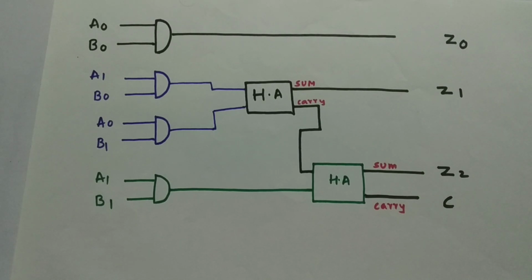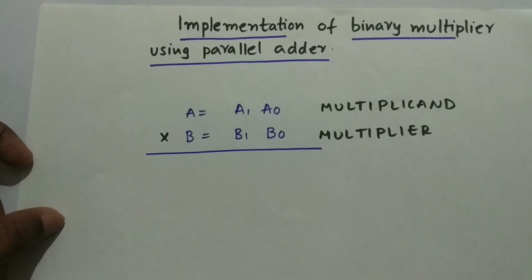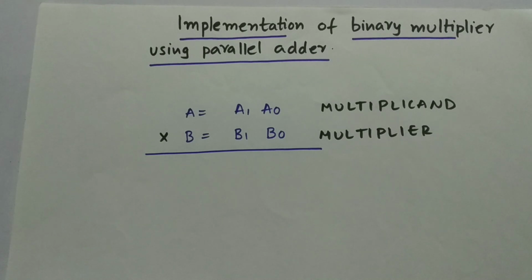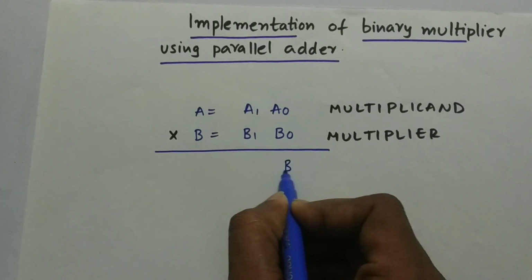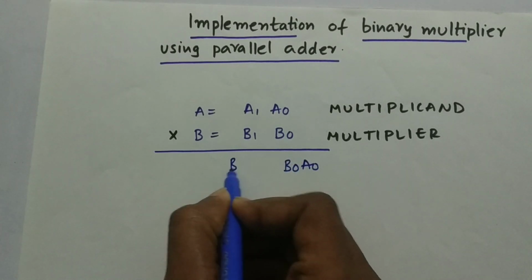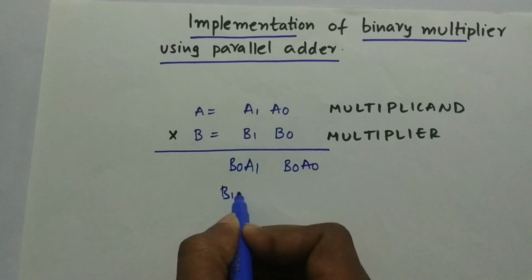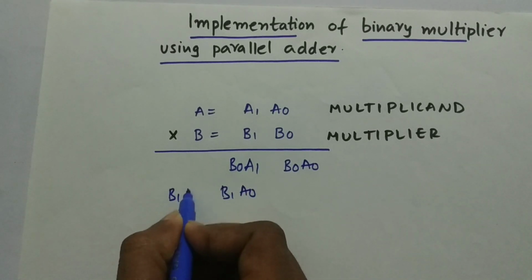Now I can use half adders or I can use a parallel adder. So now let's implement this binary multiplier with a parallel adder. I'm using the same bits again, A and B, each having 2 bits, A1 A0 and B1 B0. A is the multiplicand, B is the multiplier, and again we are multiplying in a similar fashion: B0 A0, B0 A1 and B1 A0, B1 A1.